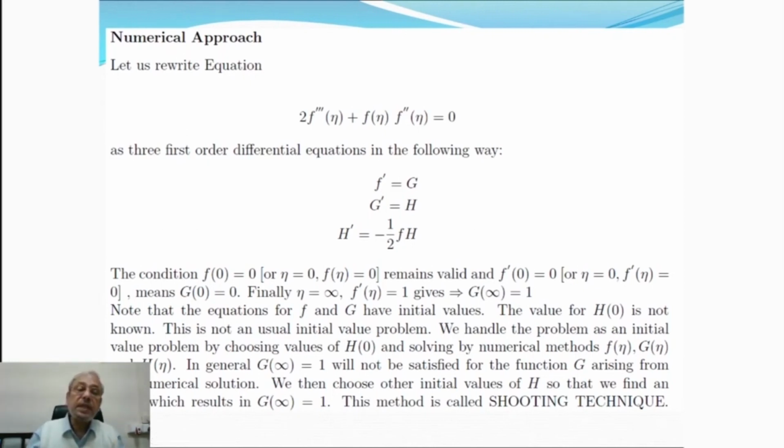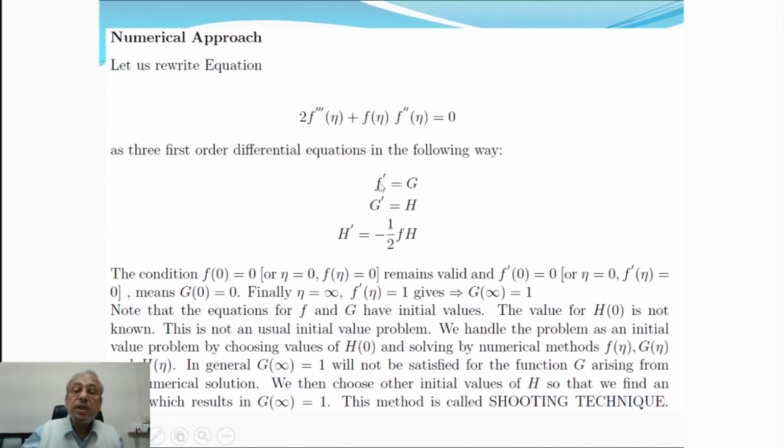Now that means, as I said, that this is an equation in f prime, we need f0; we have an equation in g prime, we need g0 or f prime 0, we have. This is an equation in h prime, we need a condition at h naught, we don't have, but we have an additional condition at eta equal to infinity, f prime is 1.